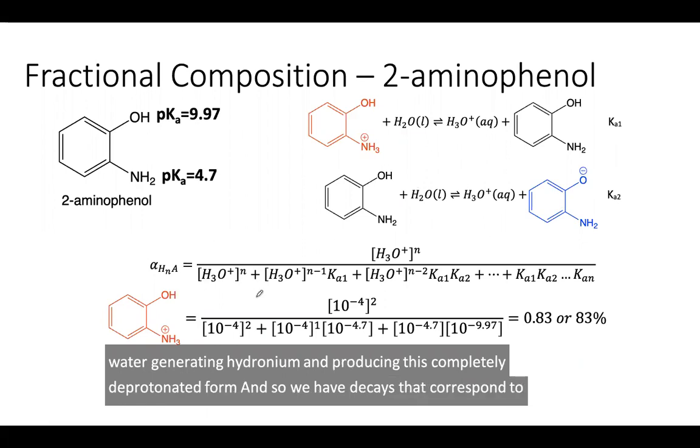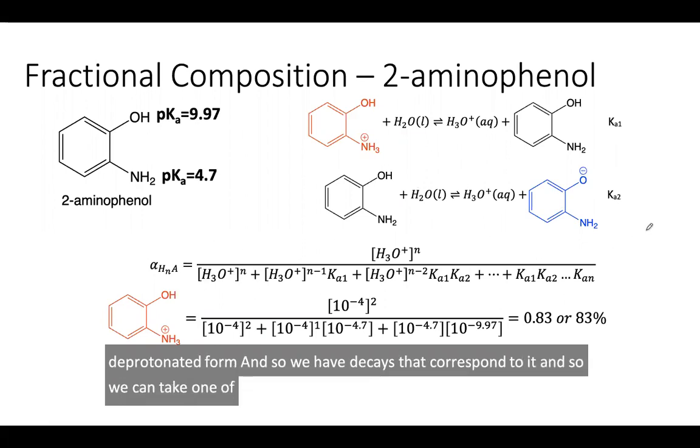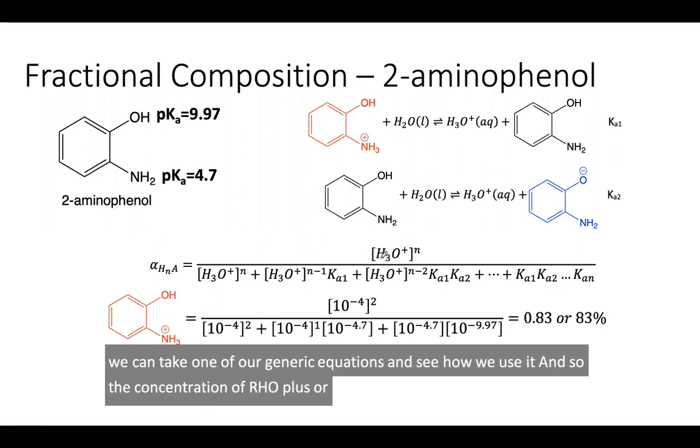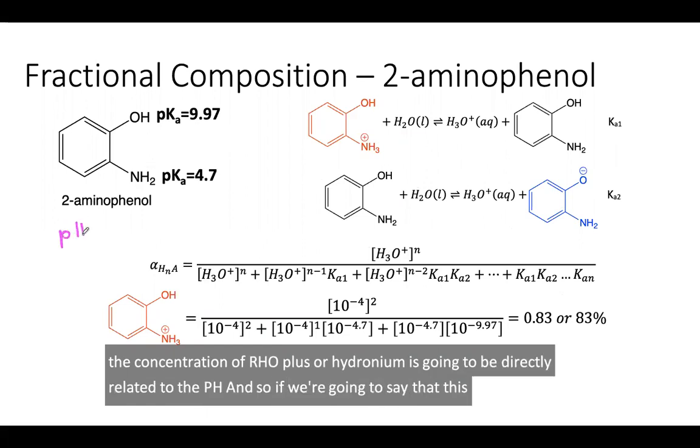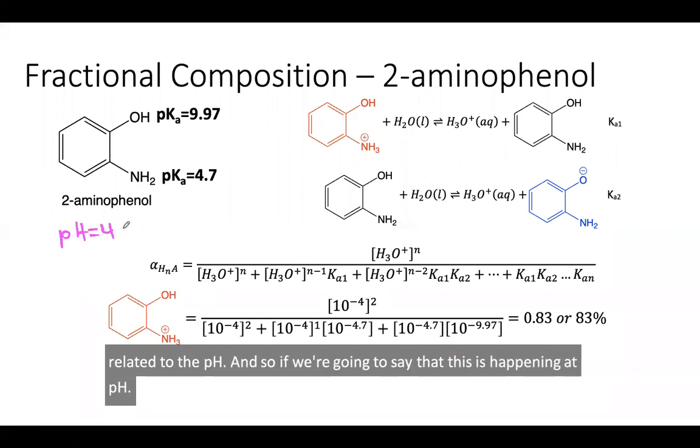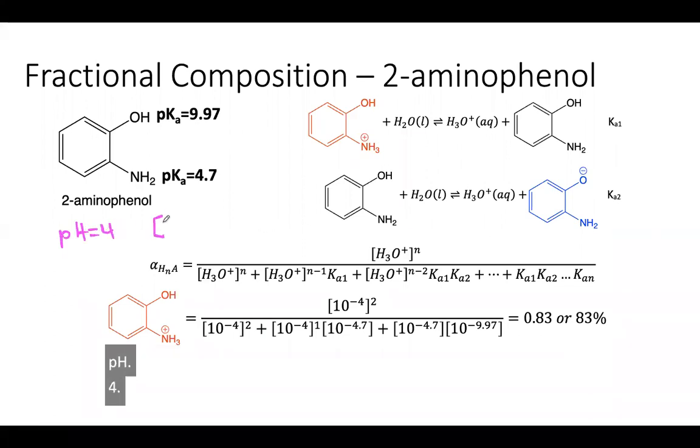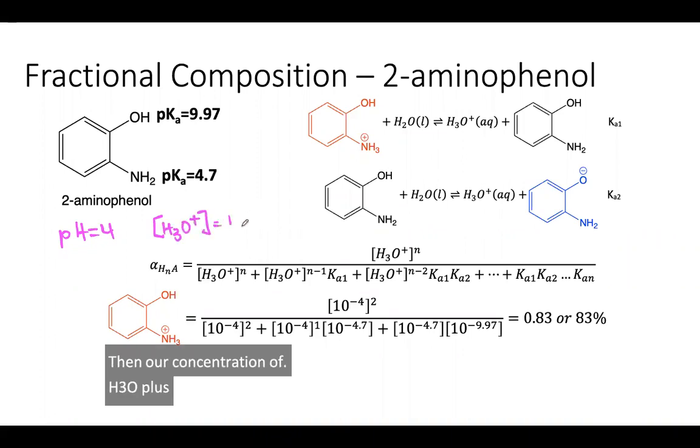And so we can take one of our generic equations and see how we use it. The concentration of our H3O+, or hydronium, is going to be directly related to the pH. So if we're going to say that this is happening at pH 4, then our concentration of H3O+ is going to equal 10 to the negative pH.